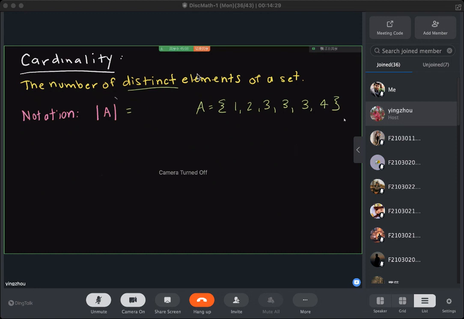Then the cardinality of A, and notice that notation is essentially the absolute value brackets on each side, is saying how many distinct elements are there? There's 1, 2, 3, 4 distinct elements. So 3, 3, 3, there's 3 of them, so those aren't all distinct, but you get the idea.